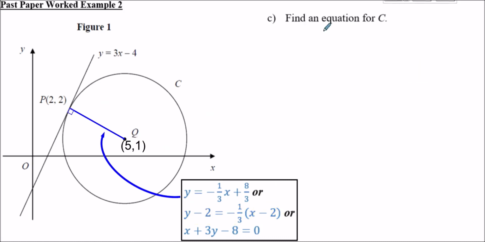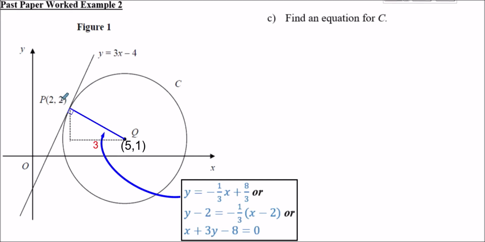So part C, we need to find an equation for C. The two main components to working out an equation for a circle are the centre of the circle, we know that, and the radius, which we don't yet know. But because we know P and Q, we can use Pythagoras to work out this length here, this blue line, which is the radius. So let's consider that now. So what's the distance between 2 and 5? What's the distance along here? Well, that distance is 3.